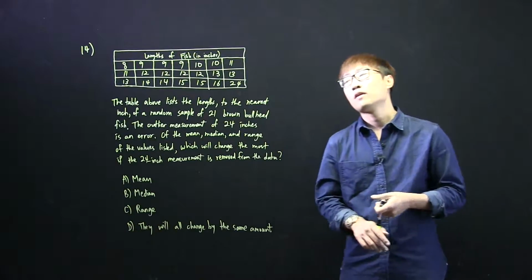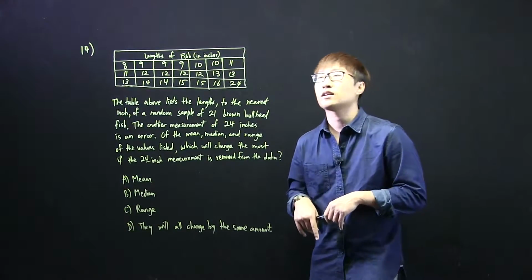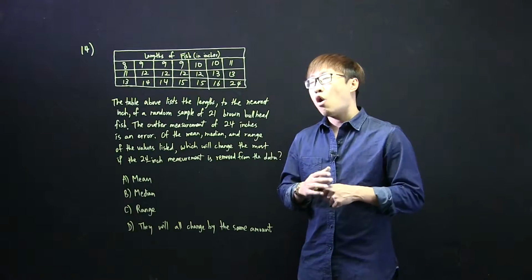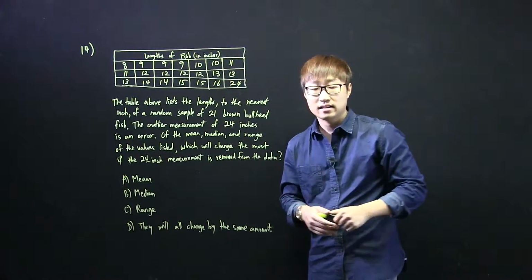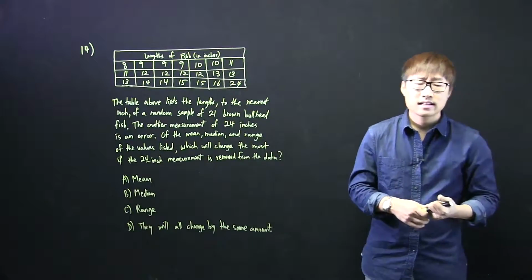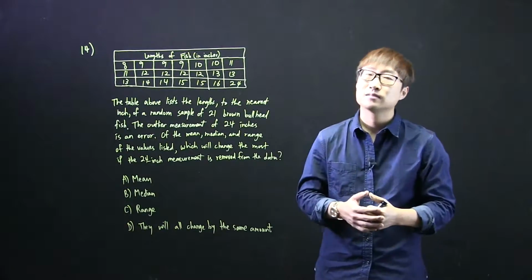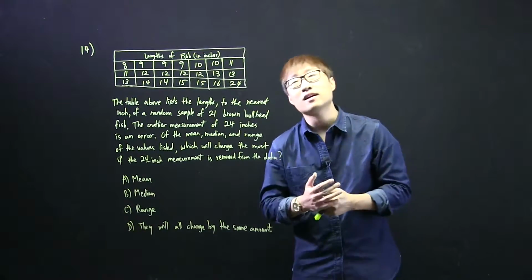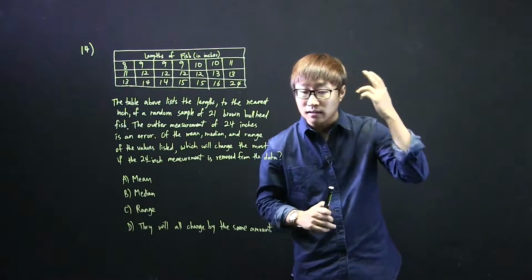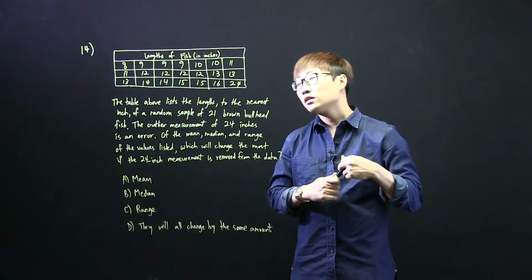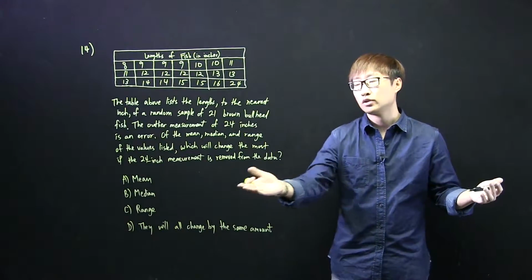Well, first of all, imagine if you were to try to find all the mean, median, and range for that box of data. This is a timed test, right? You're only given a certain amount of time to do the whole test, and that's going to take so much of your time. So let's think about that logically. Let's do something easy, which will be the range.